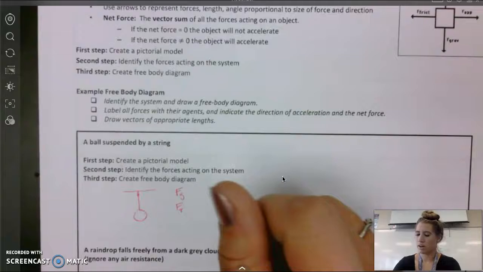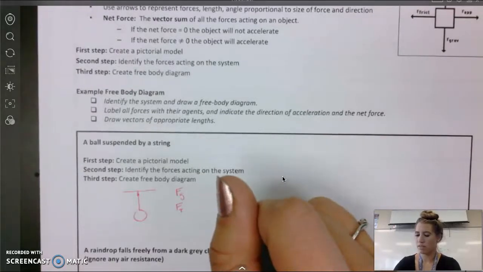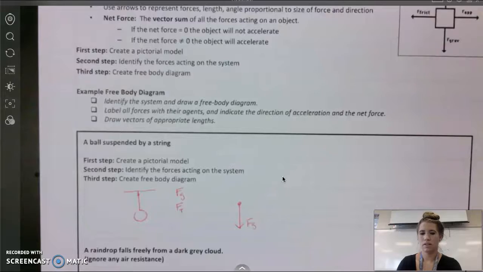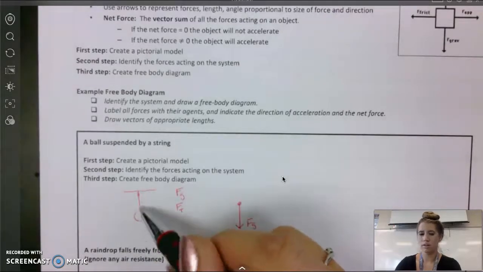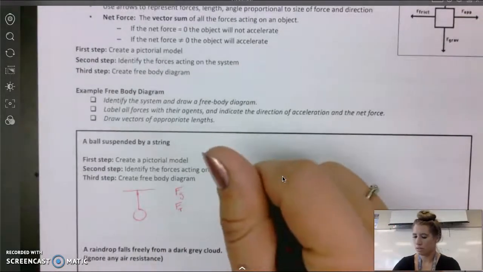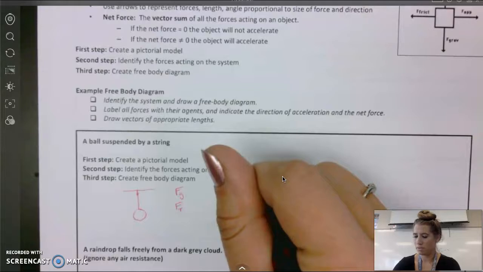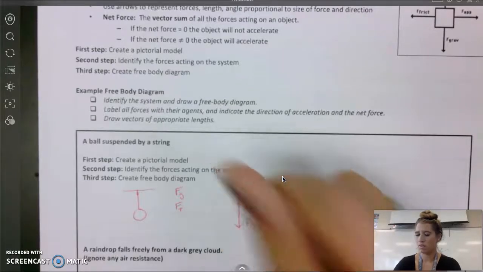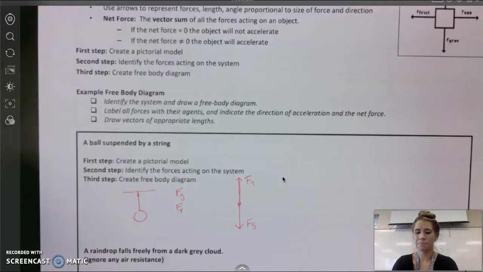My force due to gravity is headed down towards the earth, and then tension, according to this picture, is pulling it straight back up. That's the force of tension.